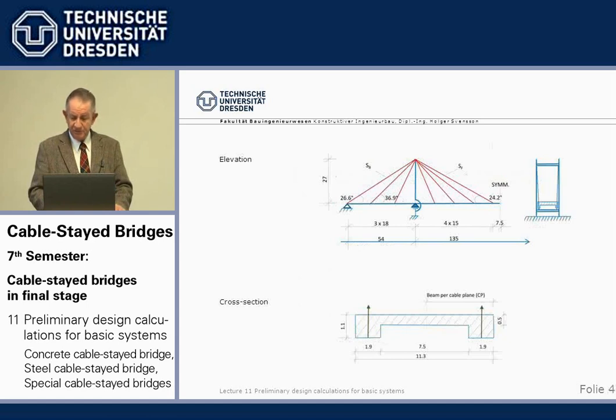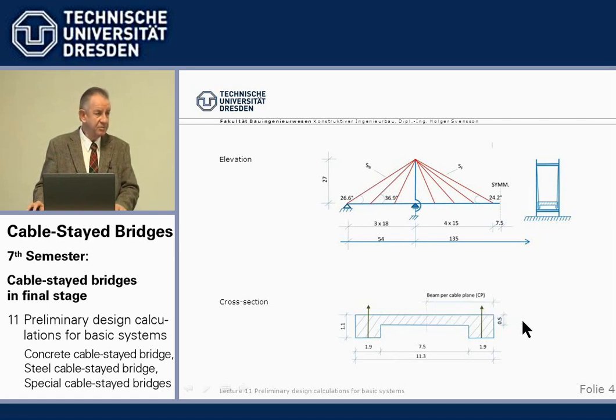We use a simplified concrete cross-section, double T-beam. We'll see it later in some detail. And important for the calculations, if we consider cable-stayed bridges with 2 cable planes, as we normally do here, we calculate all the moments and cross-section properties for 1/2 bridge or per cable plane, CP.